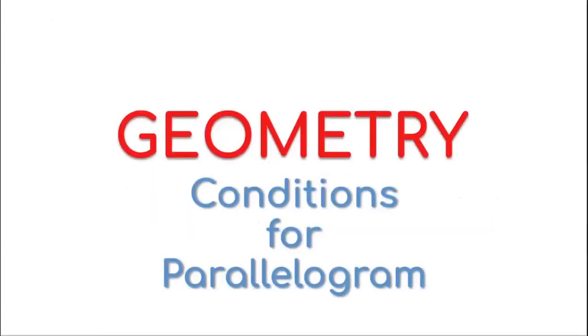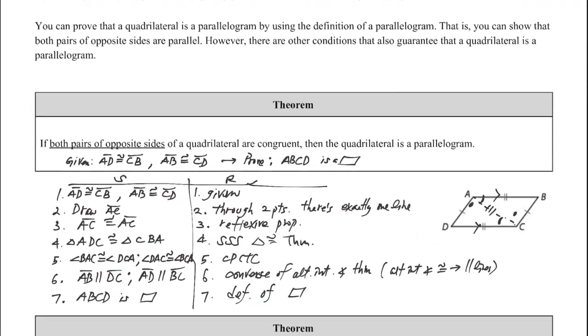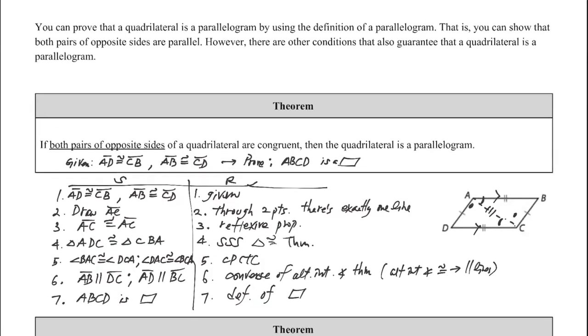All right, guys. So we're back to this, and here it is. What we did was we needed to draw the segment AC because through 2 points there exists exactly one line. Obviously, we had to start with the given information right here, right?